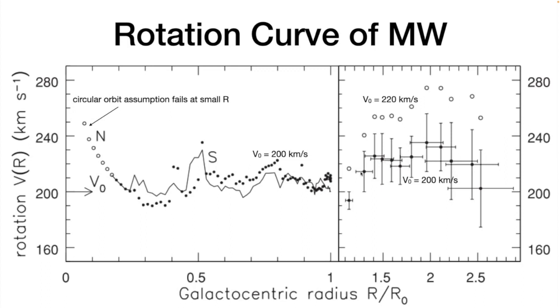So this is what you get if you apply this formula, but measure the D, the distance, independently, and hence R independently. So this R by R naught, the R is the tangent point, right? That's correct. Yeah. So this R is really this. You get it from this.